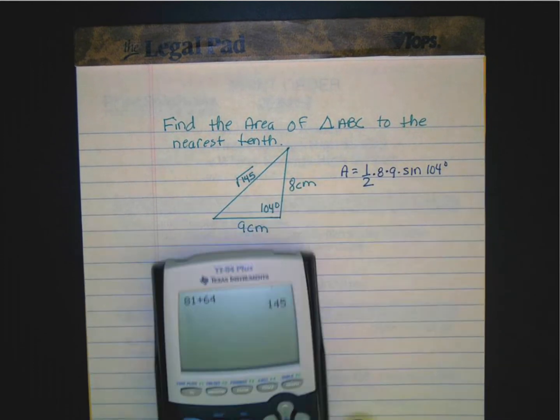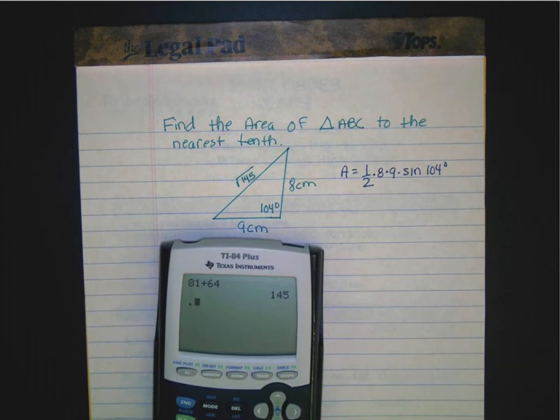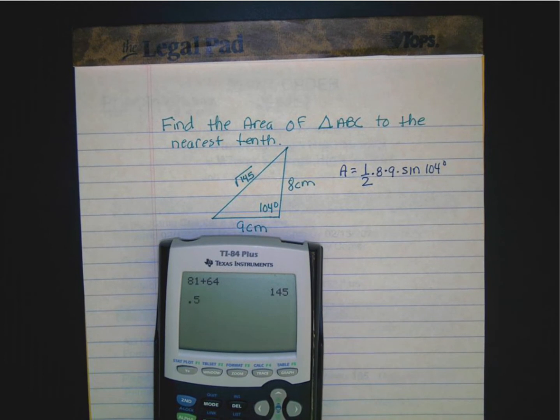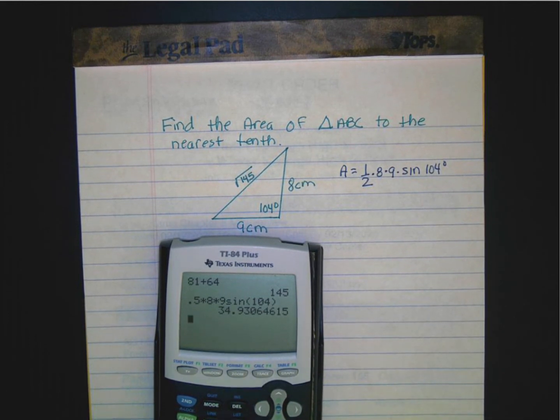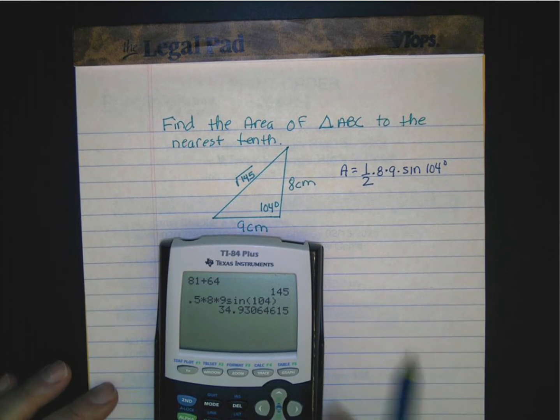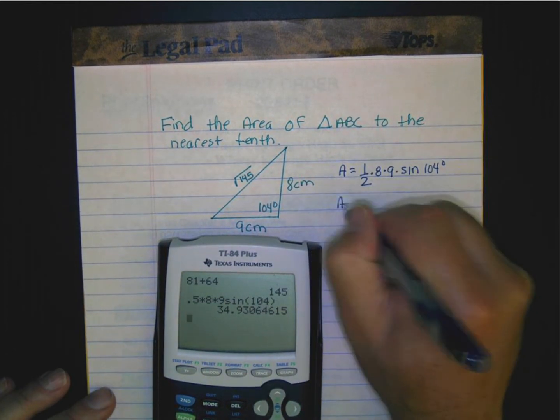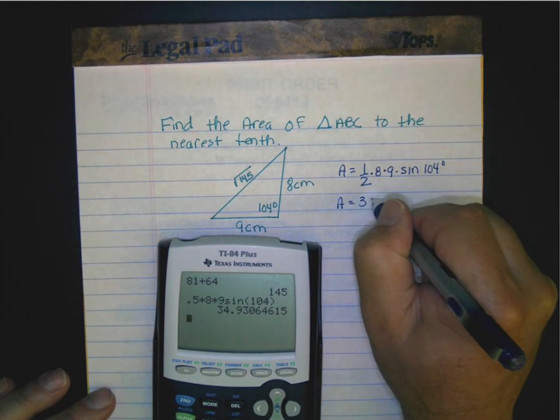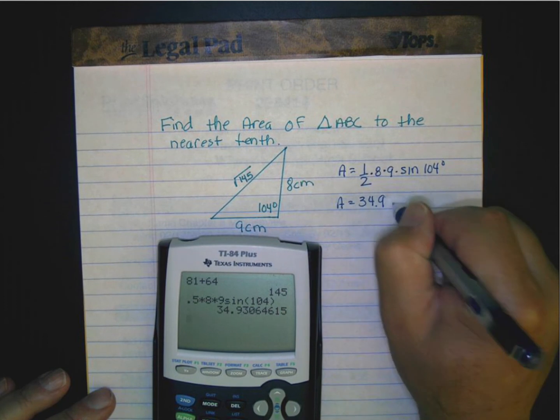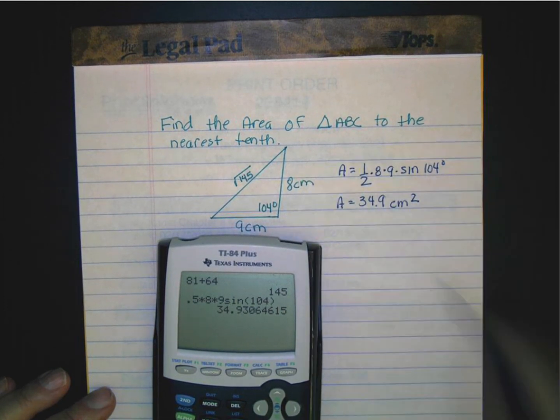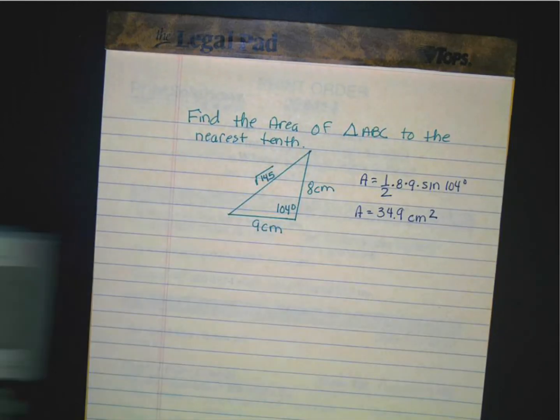All right, so I'm literally going to go 0.5 times 8 times 9 sine 104. It doesn't matter if you put times or not between 9 and sine. 34.9. So the area is going to be 34.9 centimeters squared.